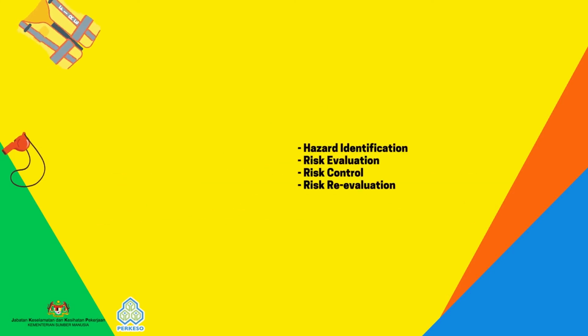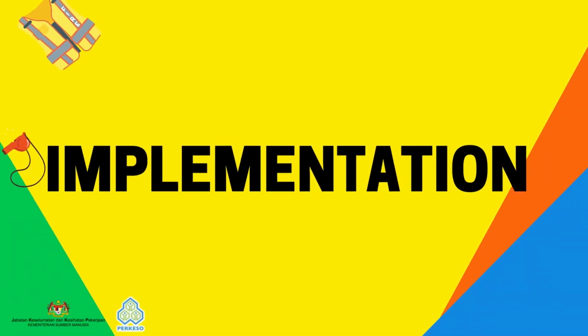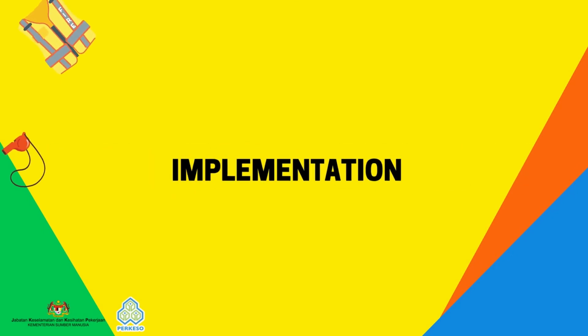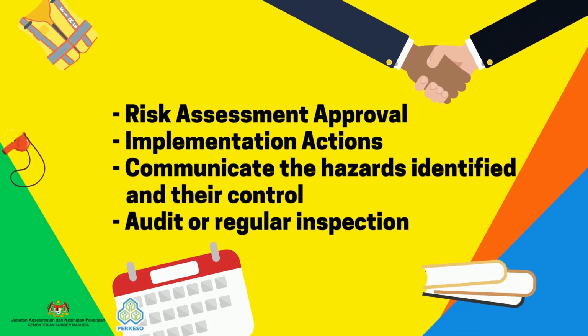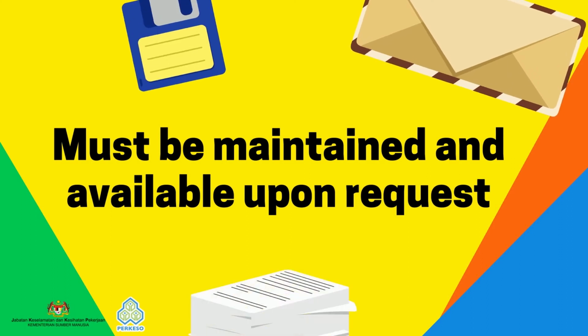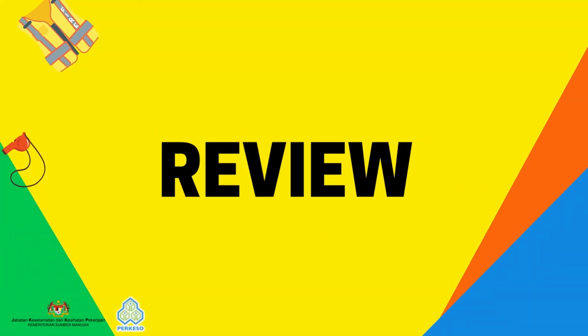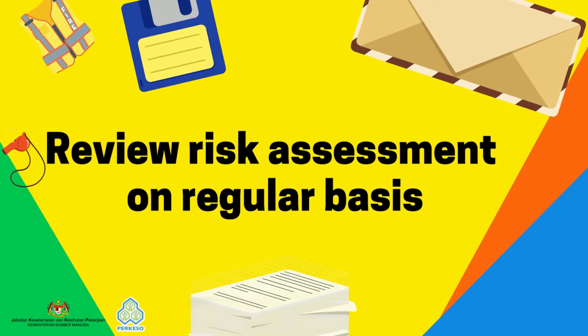It consists of hazard identification, risk evaluation, risk control, risk re-evaluation. Third one is implementation. It consists of risk assessment approval, implementation actions, communicating the hazards identified and their control, audit. Fourth one is record. It must be maintained and available upon request. Fifth and last one is review. Must review the risk assessment on a regular basis.